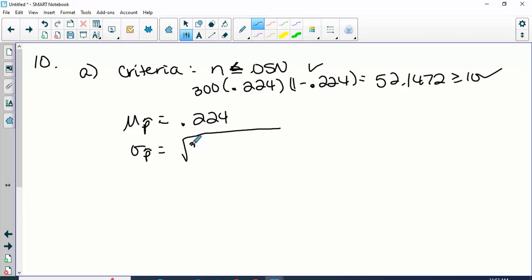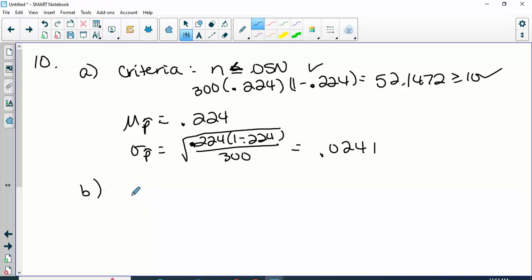The square root of p times 1 minus p over n. Make sure you're keeping more than just a couple decimal places on this. I usually do 4. That is all under the square root, so you get 0.0241. So that's part A.